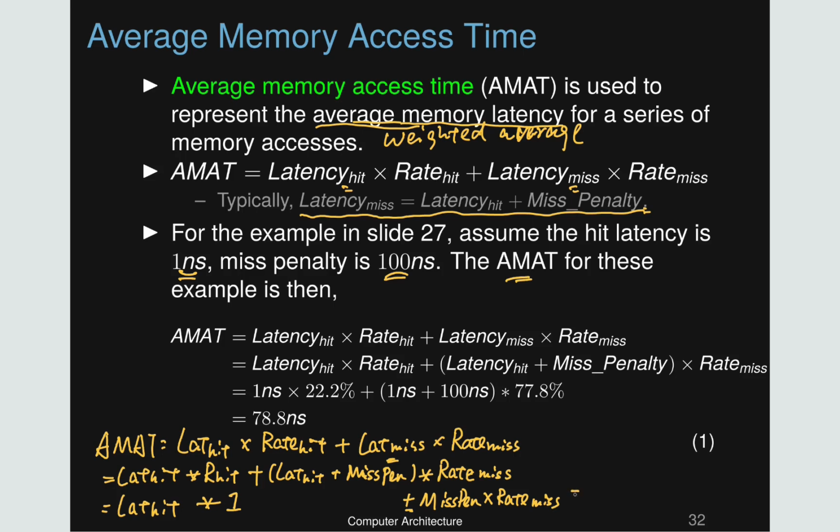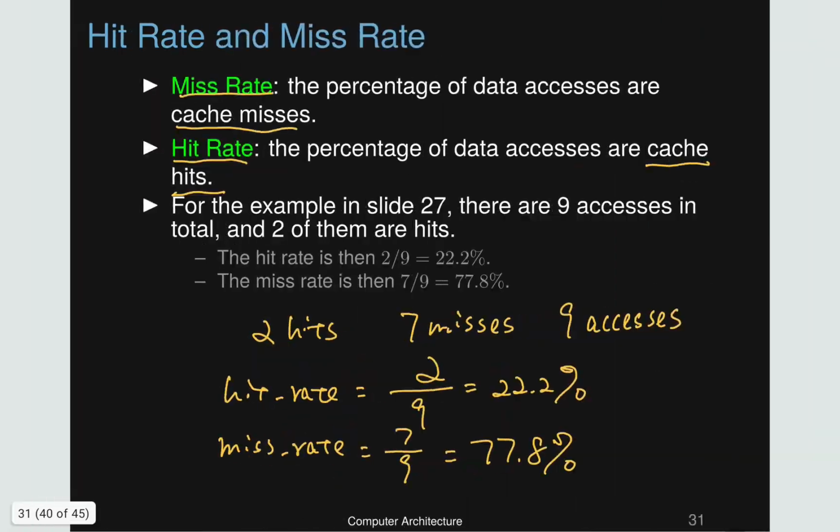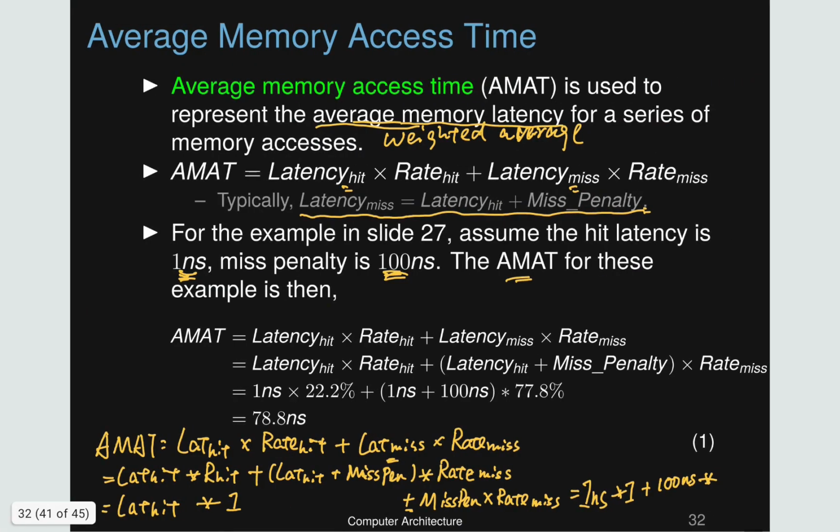If we plug these numbers into this equation, this is 1 nanosecond multiplied by 1, plus the miss penalty of 100 nanoseconds multiplied by the miss rate that we computed previously, 77.8%.